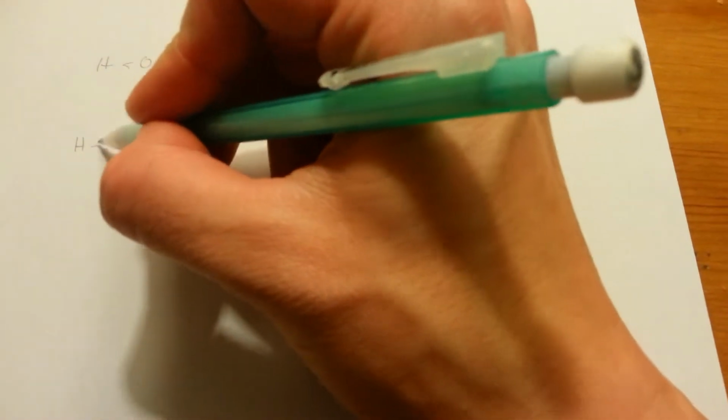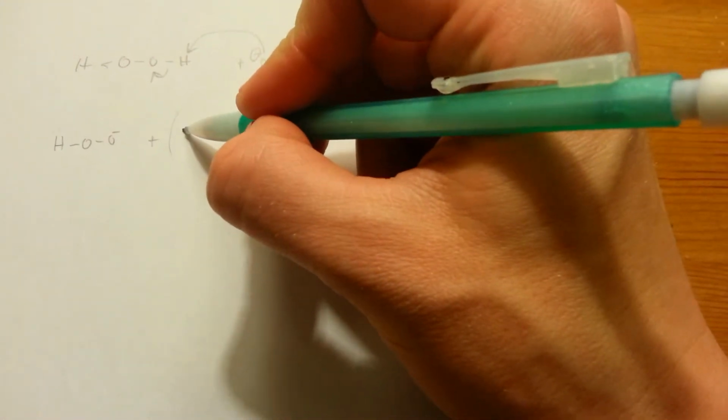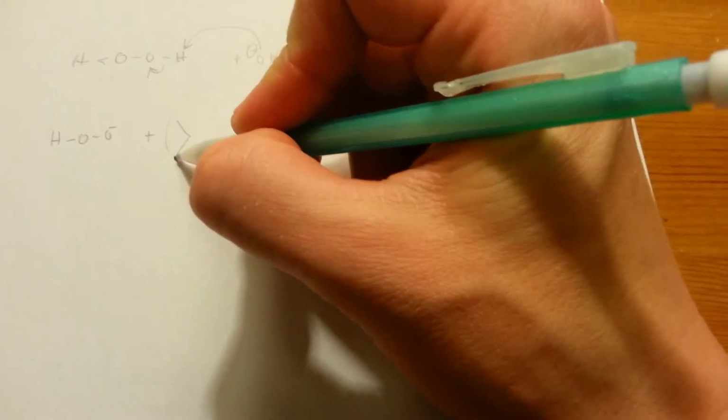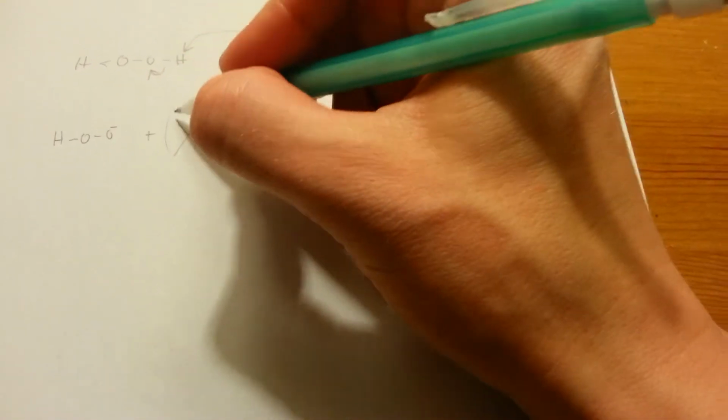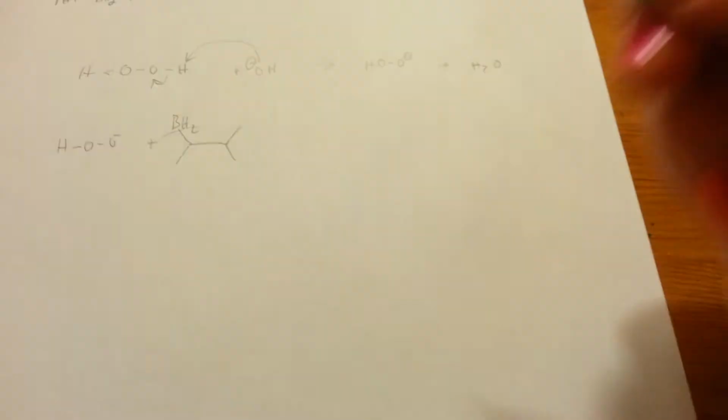So you're going to use your HOO negative and the intermediate that you created in the last step with your BH2 group here. I'll just draw it this way, make it simple.